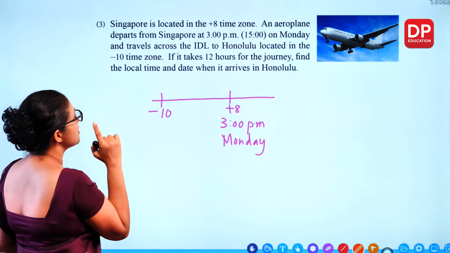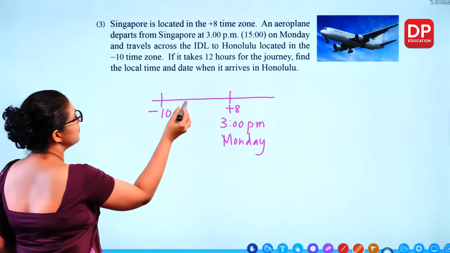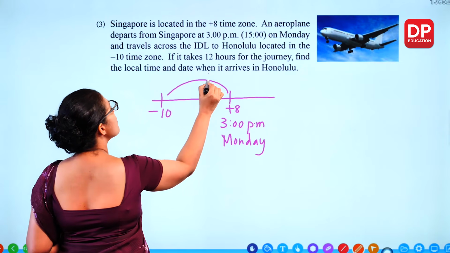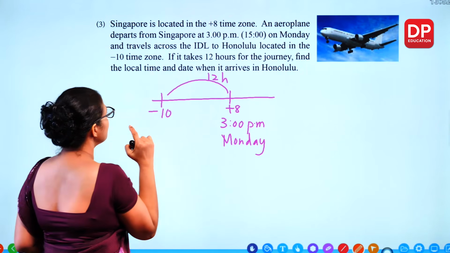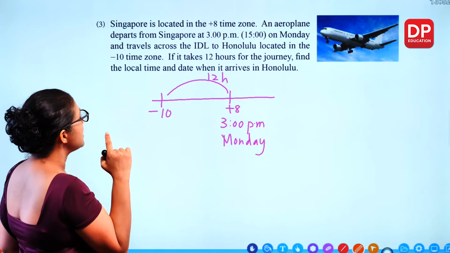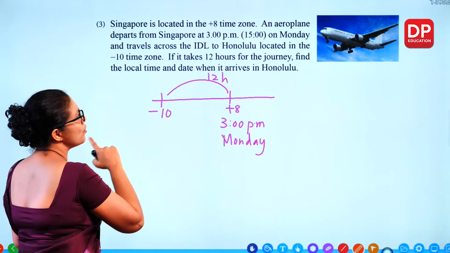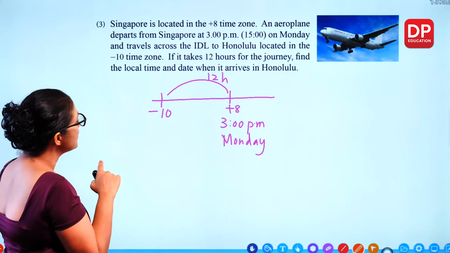If it takes 12 hours for the journey, here to here, 12 hours. Find the local time and date when it arrives in Honolulu. So you have to find the time.